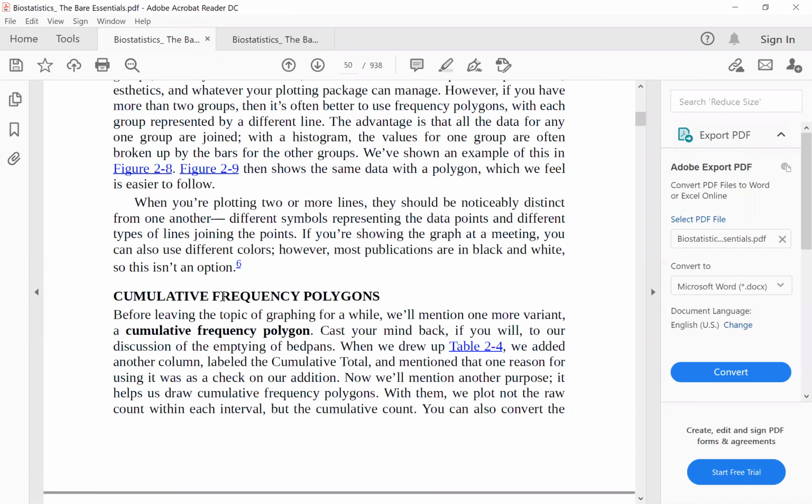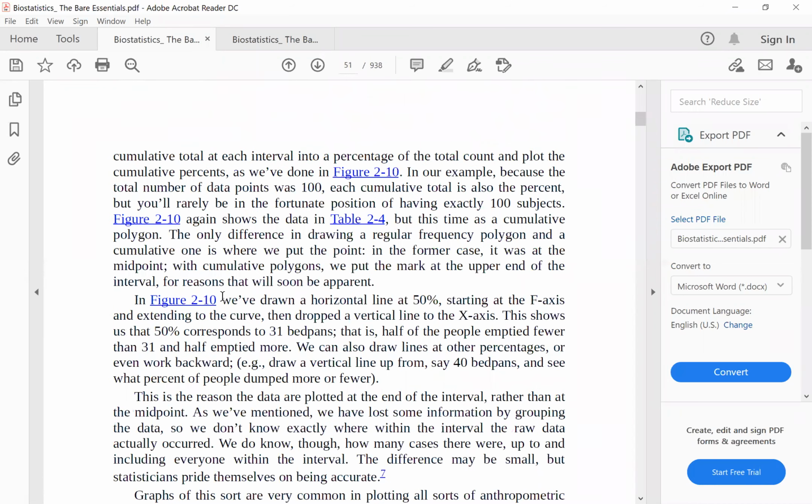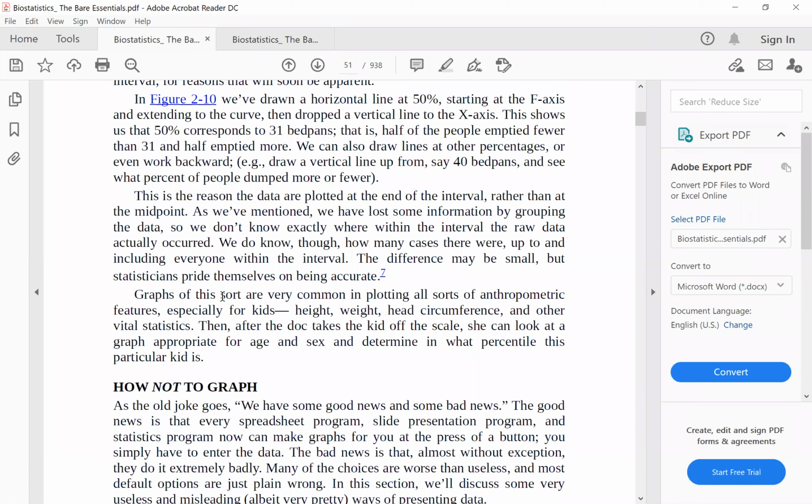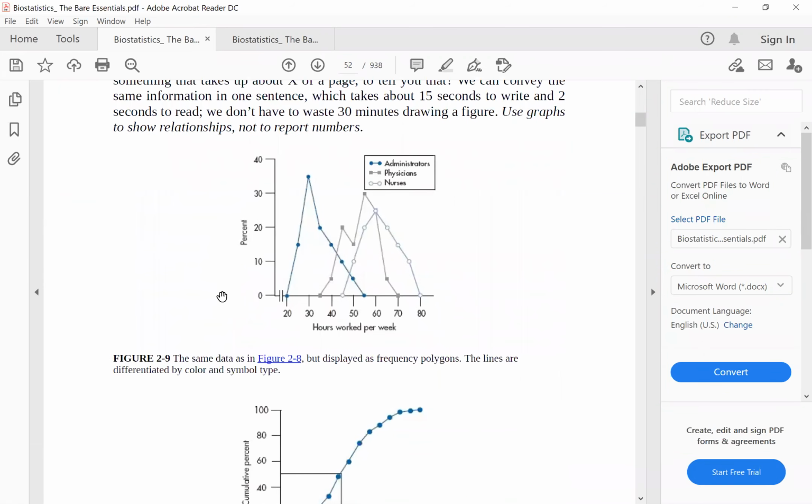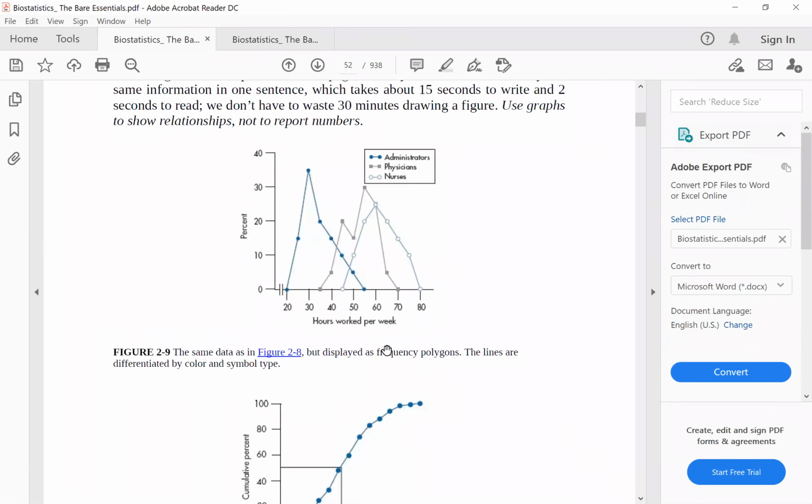Cumulative frequency polygons. So this is a frequency polygon.